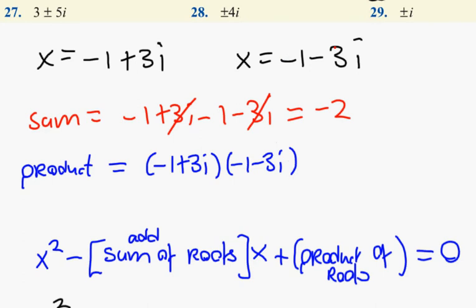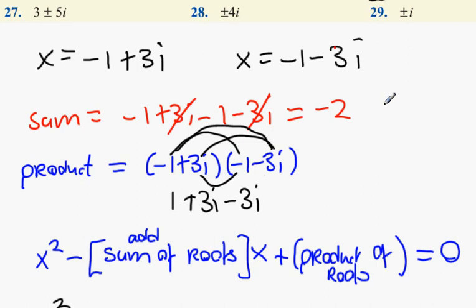Now look what happens here, guys. Minus 1 by minus 1 is plus 1. Minus 1 by minus 3i is plus 3i. 3i by minus 1 is minus 3i. 3i by minus 3i is minus 9i squared.